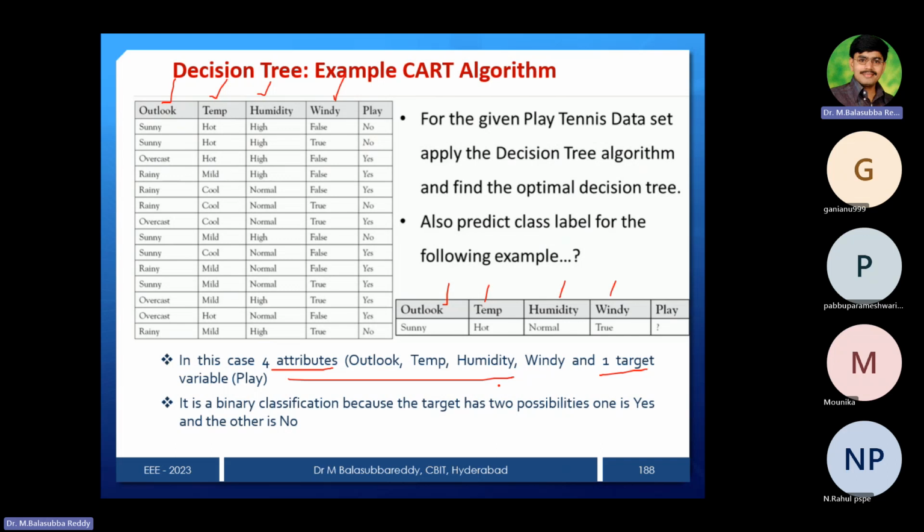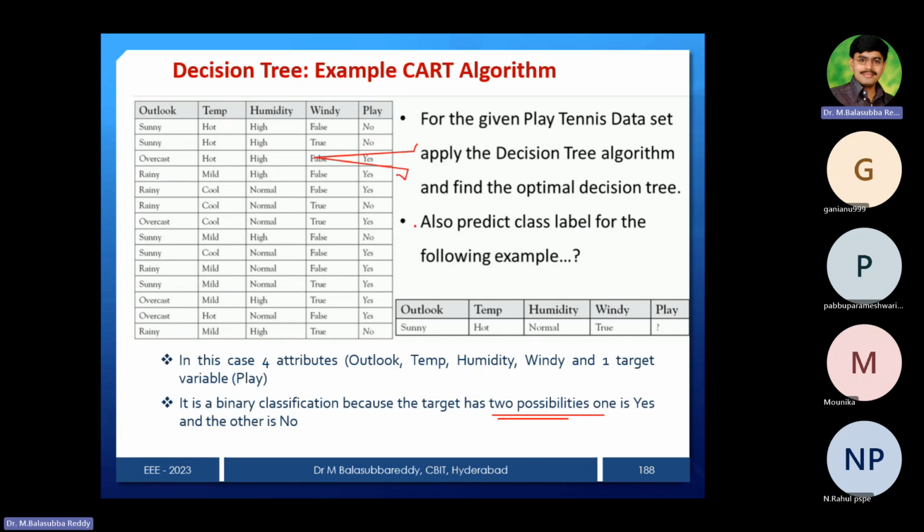And one is play, which is the output. So 4 attributes are the input and one we call the output. It is a binary classification because the target has two possibilities. Why do I call it binary? It is yes or no, true or false, 0 or 1.